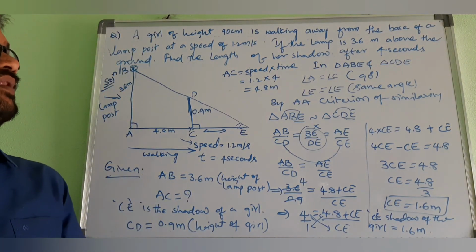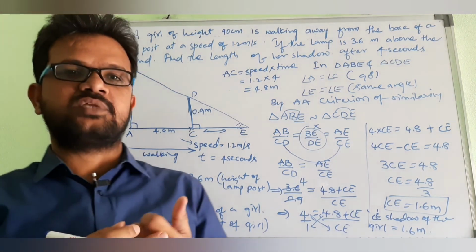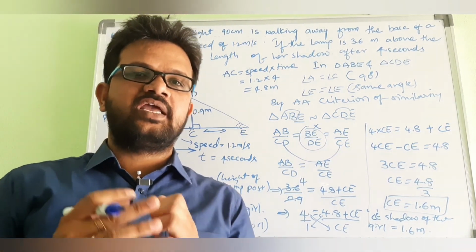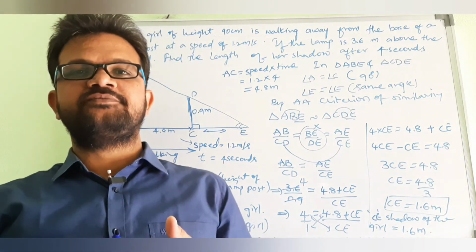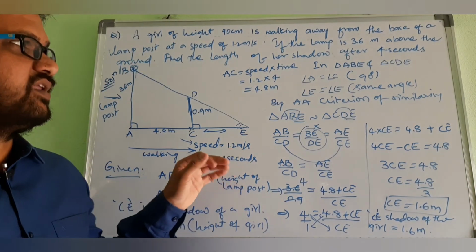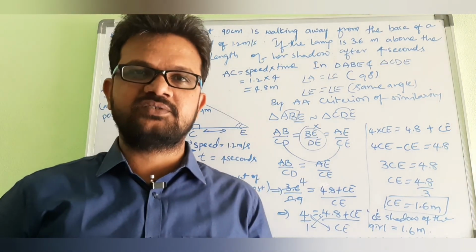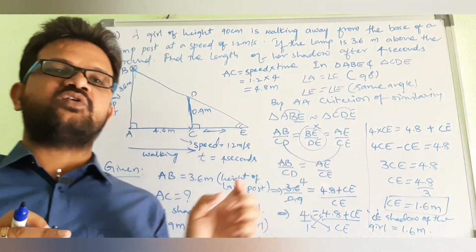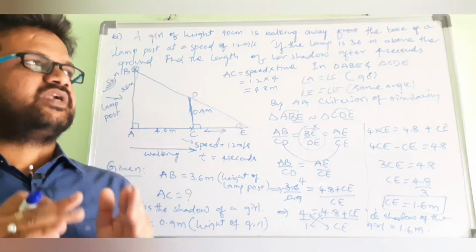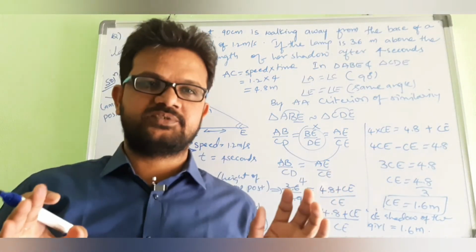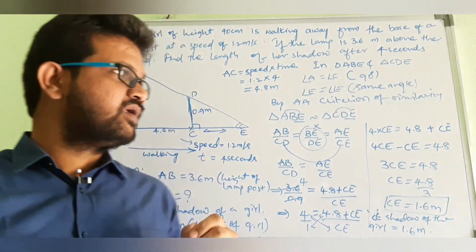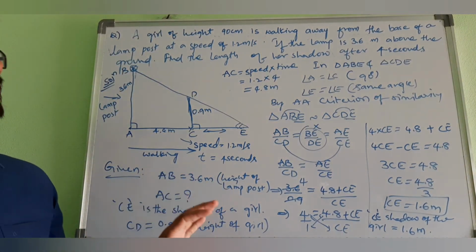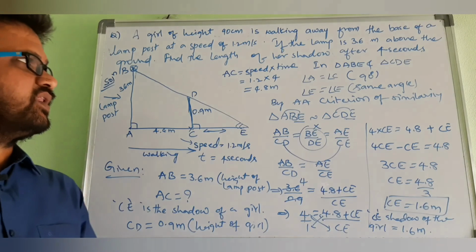Prepare well from the Pythagoras theorem and areas of similar triangles. From areas of similar triangles we get 2 mark and 1 mark questions, and from Pythagoras theorem they will most probably ask 4 marks. BPT and converse of BPT carry 1 mark and 2 marks, so understand all the basic concepts. Criteria of similarity also they will ask for 1 mark or 2 marks. Solve all these sums and practice well.